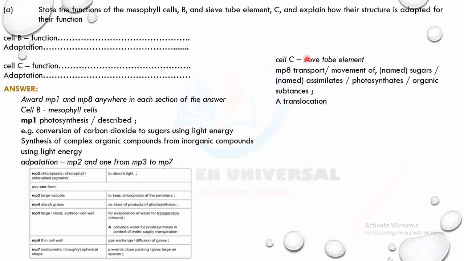Now cell C, the sieve tube element: transport or movement of sugars and assimilates, involved in translocation.